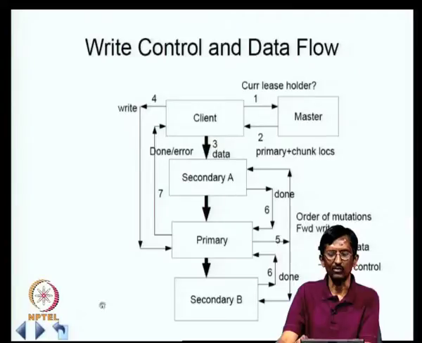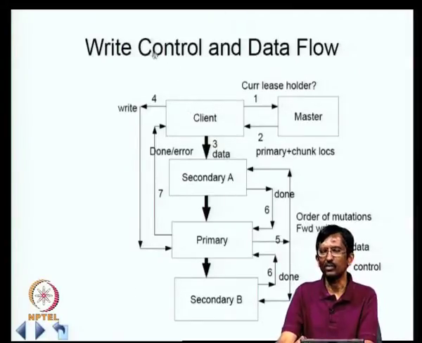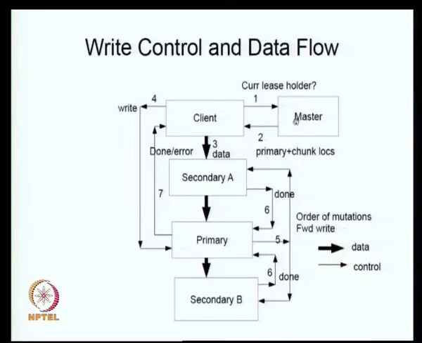Let's look at a diagram here. This is a client trying to do a write. First, it has to find out who is the current leaseholder, if there is one. If there is a current leaseholder, that information is given back; that's the primary. If there is none, the master will take one of the replicas, the chunk server corresponding to that replica, make it a primary and send it back.